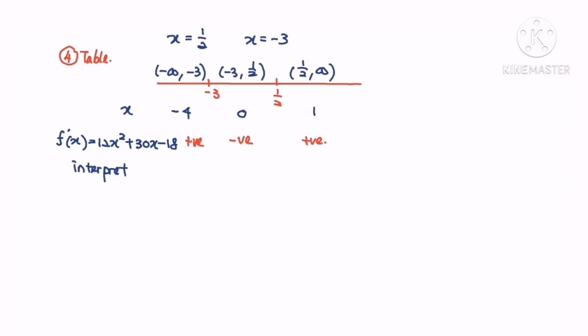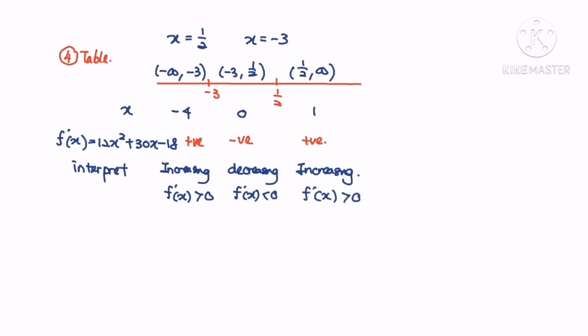Now we are going to interpret the situation. As we all know, for the first part we have an increasing interval, followed by decreasing, and then increasing. Kindly refer to the first derivative test note. In here we have f prime x greater than 0, followed by f prime x less than 0, and then finally f prime x greater than 0.